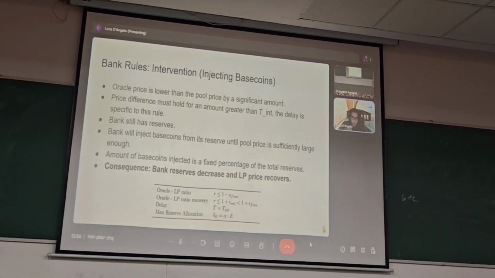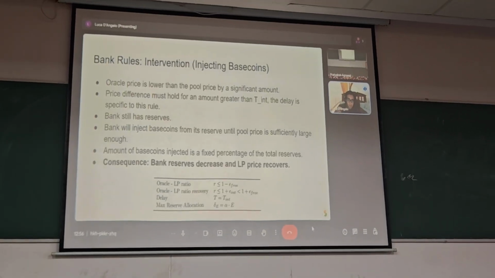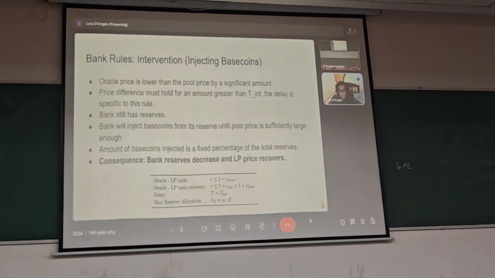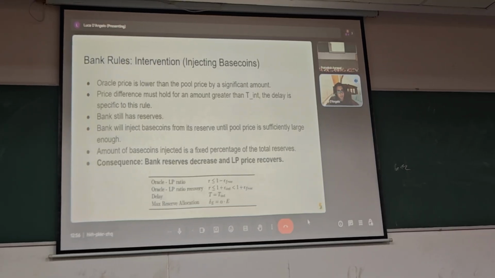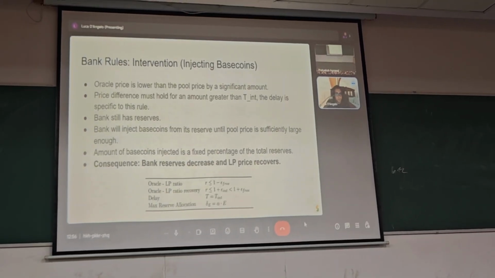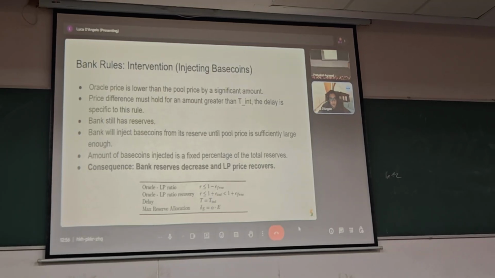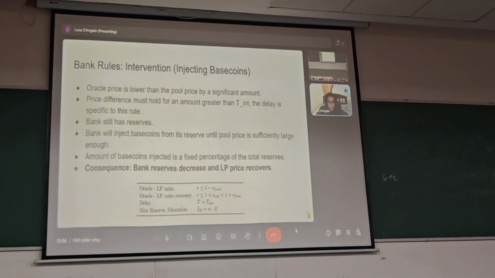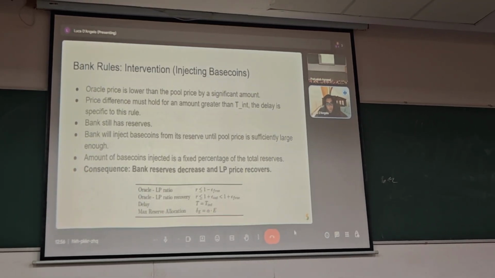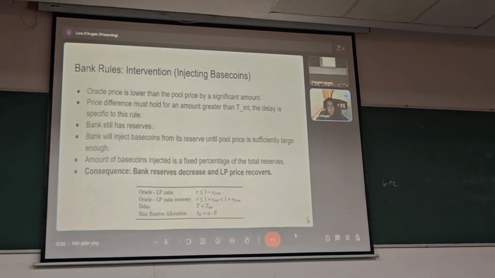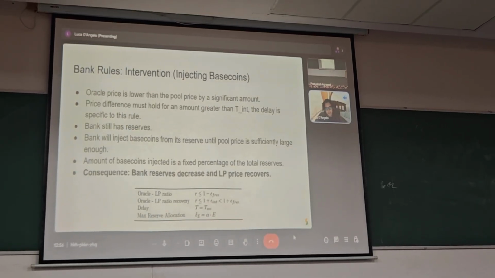Ideally you want it to be a small number, because as we'll see later on, this process can happen multiple times. So it's cyclic, it's periodic, so you don't want to dump a lot of the institution's reserves right away. As a consequence, the bank reserves decrease, and the LP price recovers.